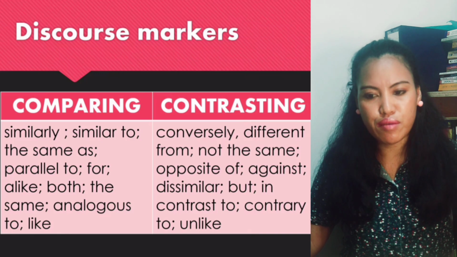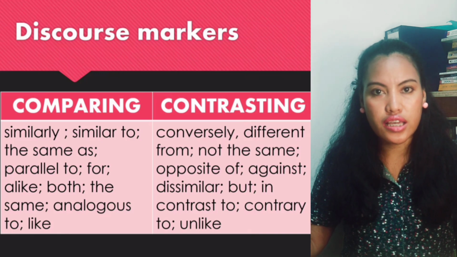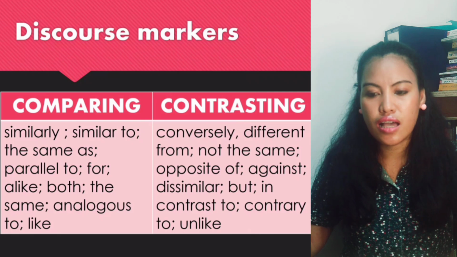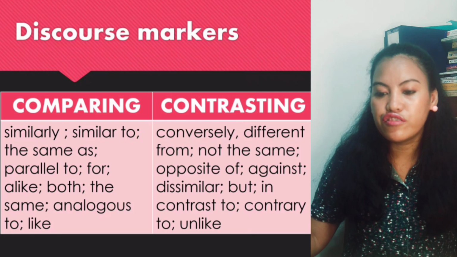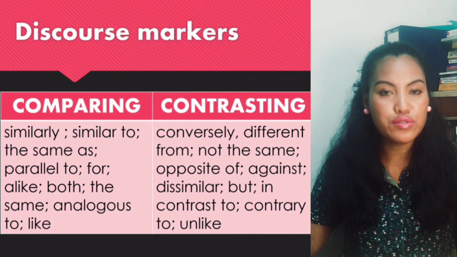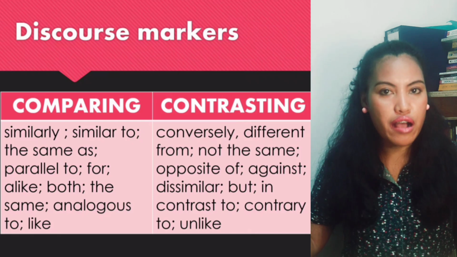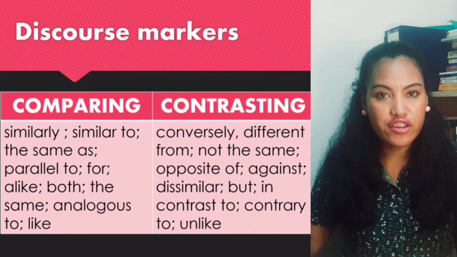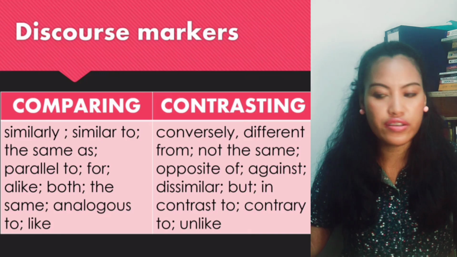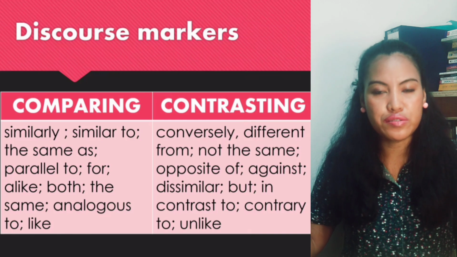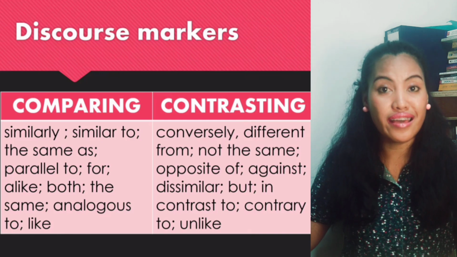In comparing something, we are using similarly, similar to, the same as, parallel to, alike, both, the same, analogous to, and like. For contrasting, we have conversely, different from, not the same, opposite of, against, dissimilar, but in contrast to, contrary to, and unlike.